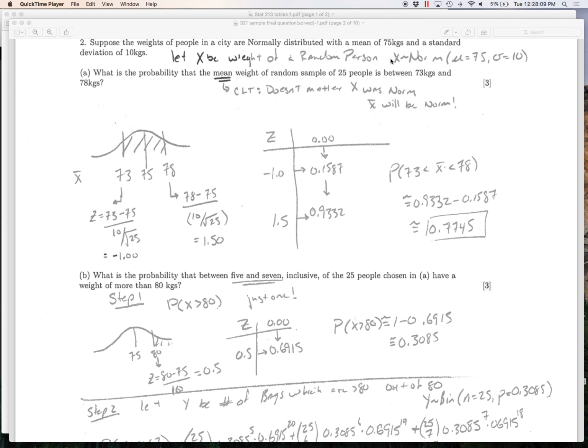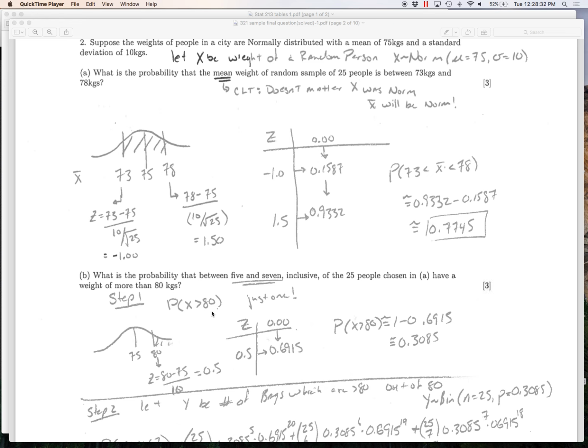A random person is normally distributed. That's x. So the probability of weighing more than 80K is also normally distributed like in A. But in A, I'm using the central limit theorem, which is sigma over root n. For B, I'm just using normal, which is here. I'm not talking about the collection.